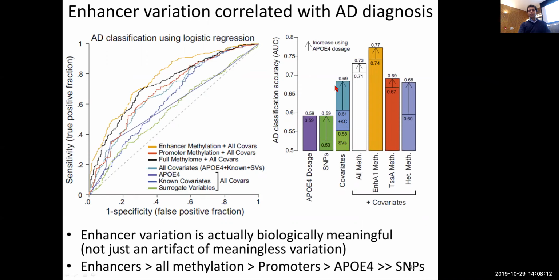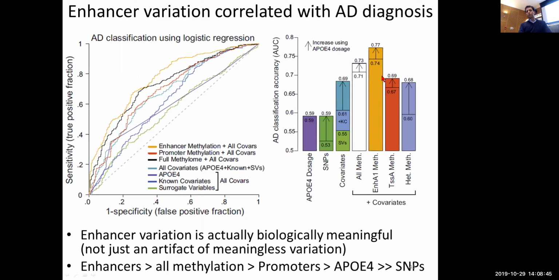If I add to that all of my covariates that I mentioned earlier about education, age, sex, etc., then I get to 69%. And then the question is, compared to that baseline of 69% with all of the covariates, how much is methylation alone giving me? And the answer is, there's another 4% of the variance that I can explain using methylation. And that's taking all methylation in the genome.